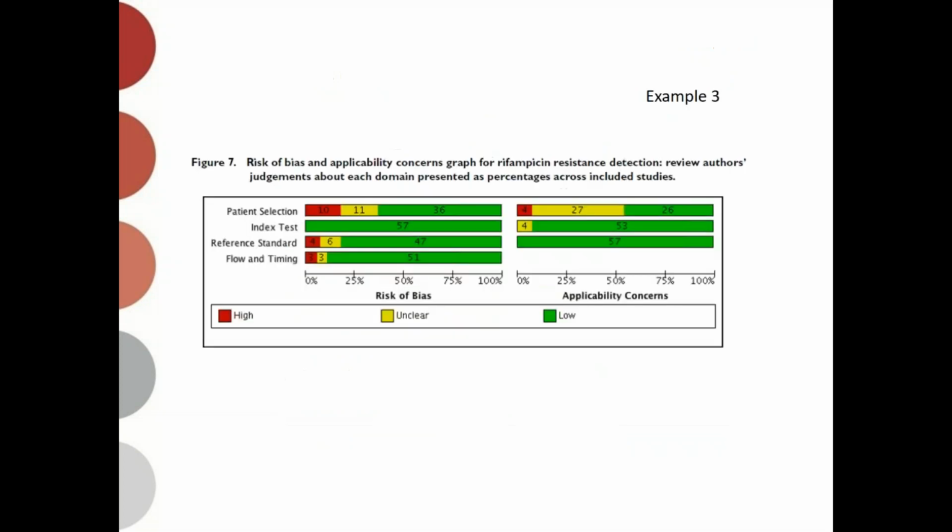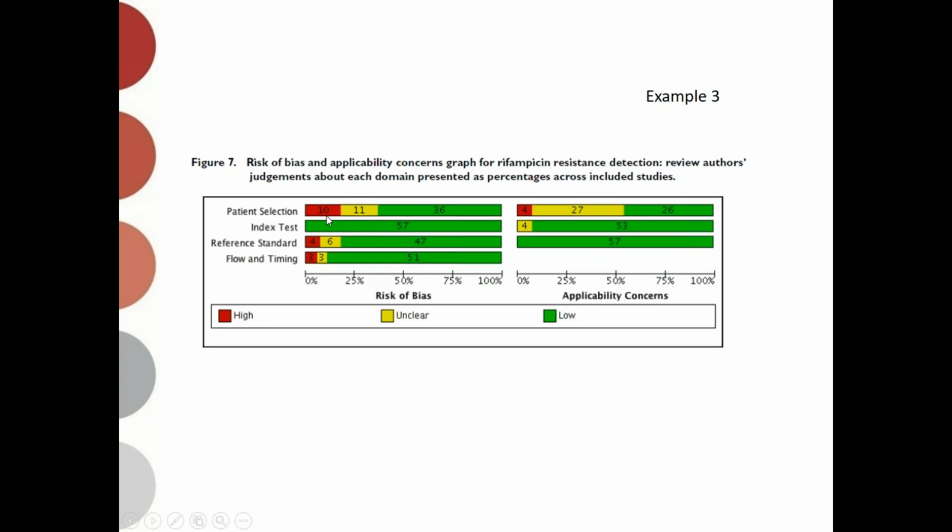This is another example of presenting your risk of bias and applicability concerns in the form of a graph. Just to make it clear, some authors tend to highlight the exact number of studies in the review.